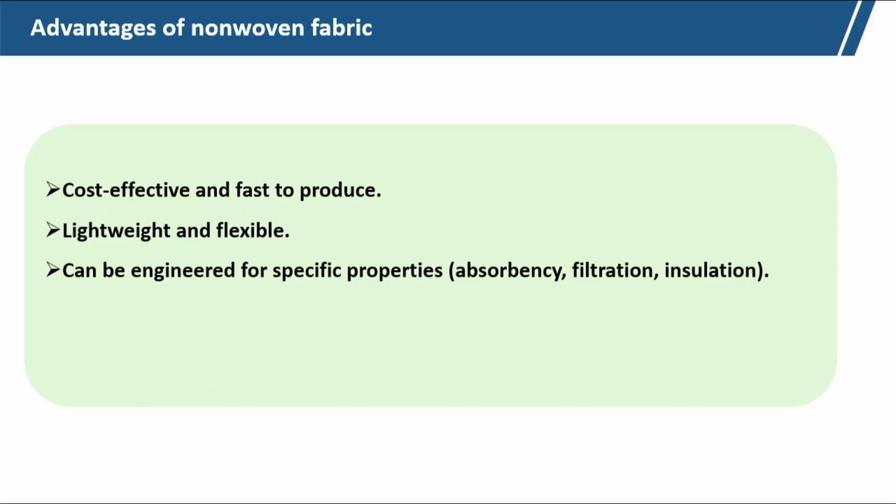It can be engineered for specific properties like absorbency, filtration, insulation. So, if we want higher insulation, we have to create the fabric with more pores. If we need lower insulation, then we can make it compact.